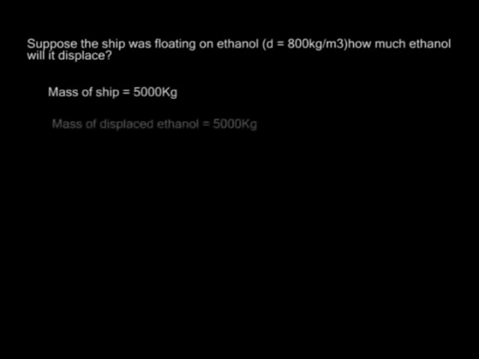The mass of the displaced ethanol is equal to the mass of the ship and is equal to 5,000 kilograms according to the law of flotation. Find the volume of ethanol that weighs 5,000 kilograms. Density is equal to mass over volume, and therefore volume is equal to mass over density. That is 5,000 over 800, which gives us 6.25 cubic meters.